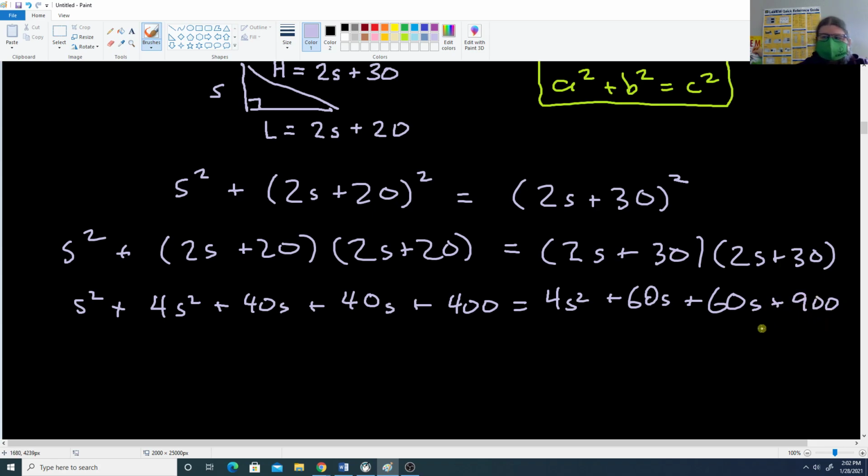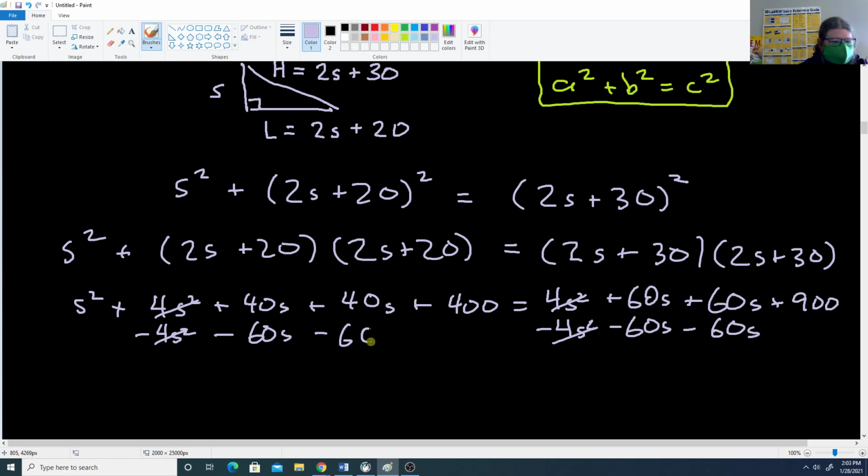So I'm going to scoot all the terms over to the left-hand side. So I'm going to subtract the 4S squared here. It'll cancel. Actually, we get it canceling over here as well. So that's kind of weird. We got minus 60S. We get minus 60S. So those cancel.